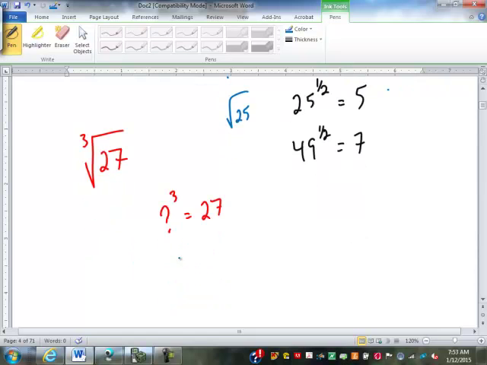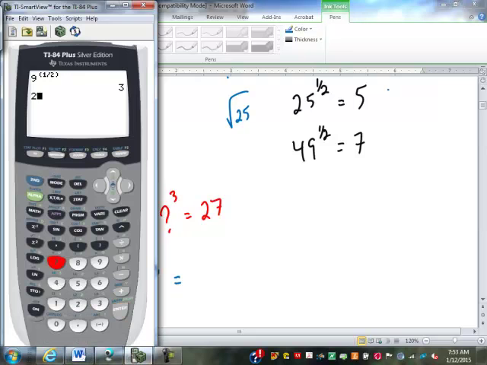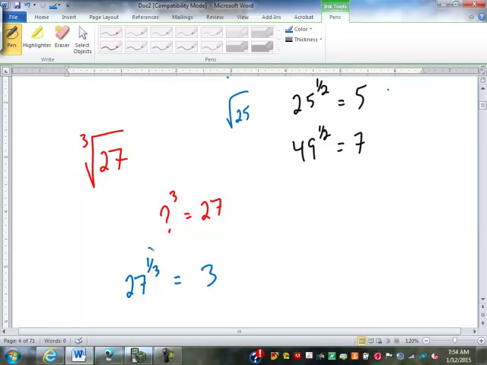The other way we could write this is, instead of the third root of 27, 27 to the power of 1/3. If you punch that in your calculator, what do you get? You get 3. The power of 1/3 and the third root are the same thing.